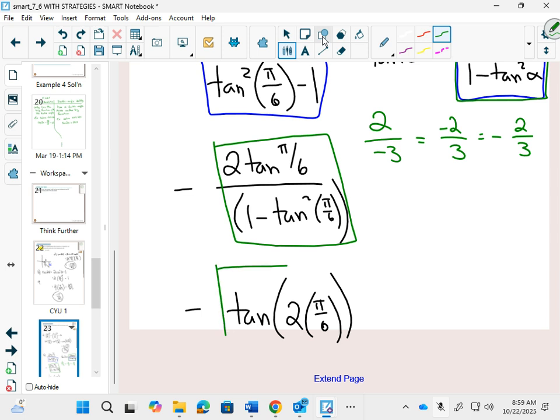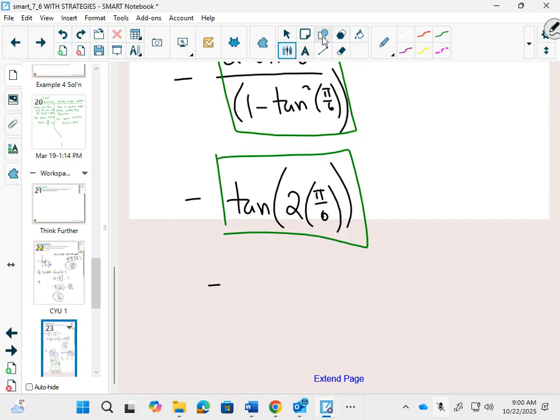Because that green box, with the formula, we could change it to the left-hand side, which just becomes -10 of pi over 3, which is -√3. And you would have got -√3 had you plugged it in.